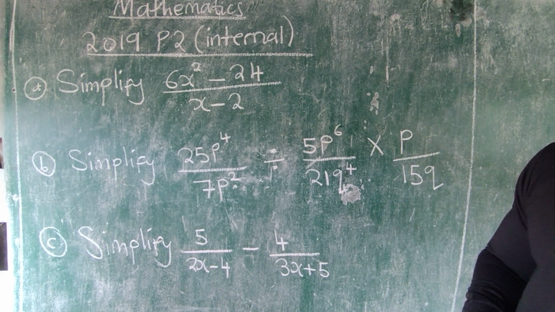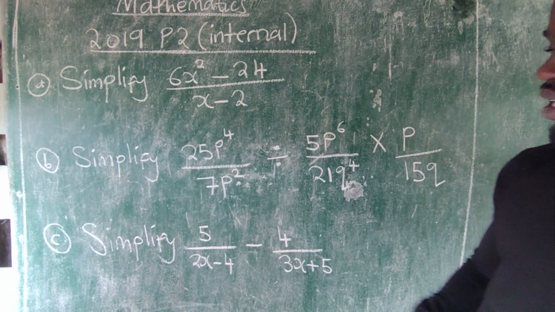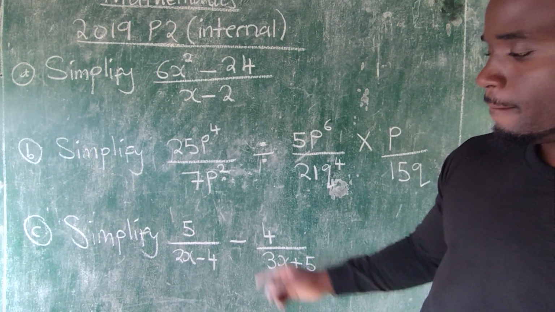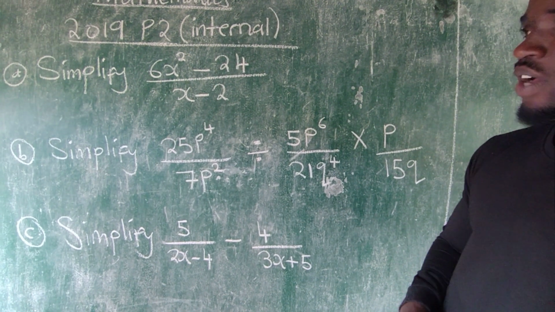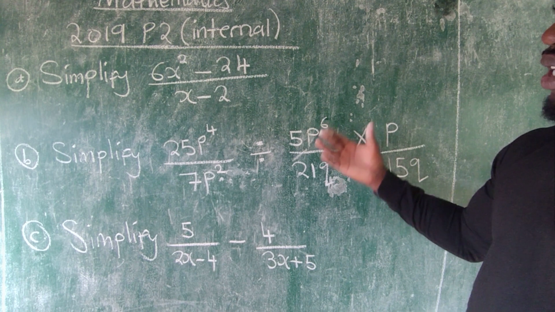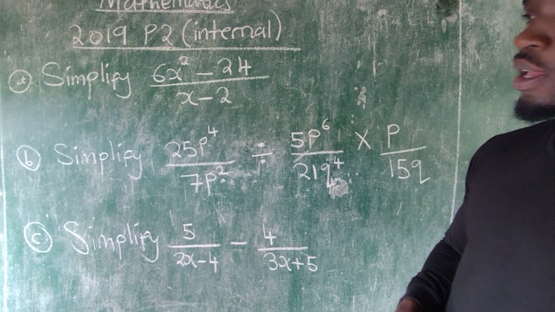Then we come to our third question, which is simplify 5 over 2x minus 4 minus 4 over 3x plus 5. So we need to understand how we can simplify these questions, and they are very simple. Okay, let's get to it.